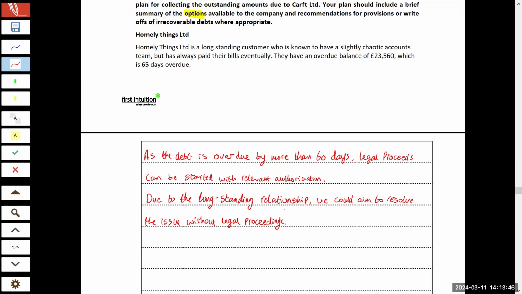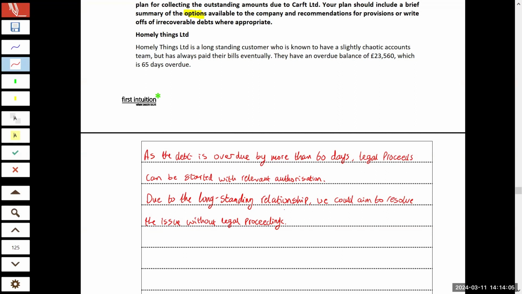So what we're saying there is we can look to resolve this without going straight to sending the nuclear button and chasing them legally. We have a long-standing relationship with these. It's not beyond the realms of possibility that we can use that relationship to our advantage and stress the importance of this debt getting paid.